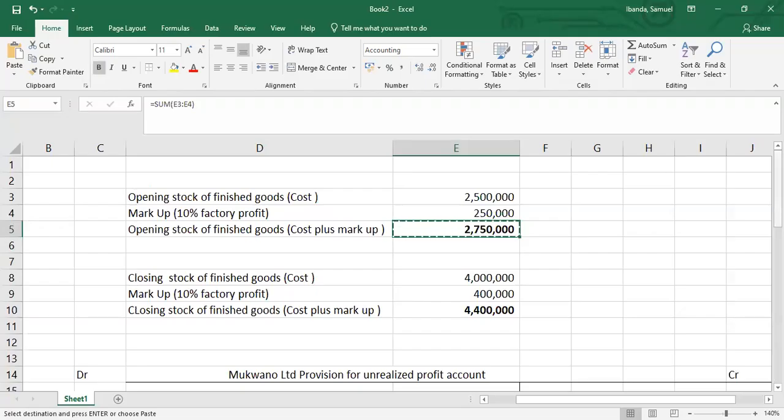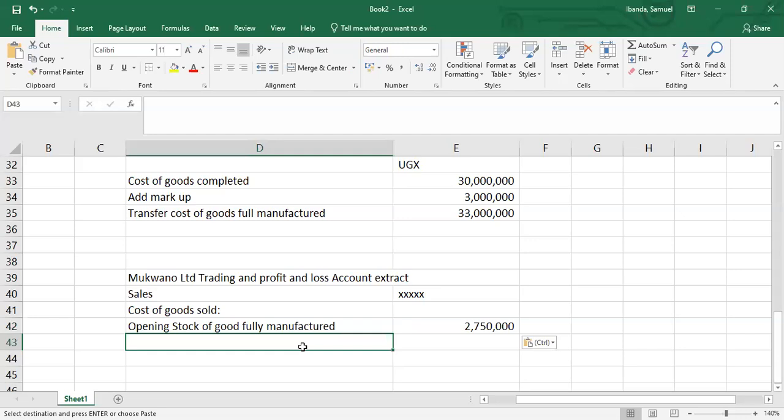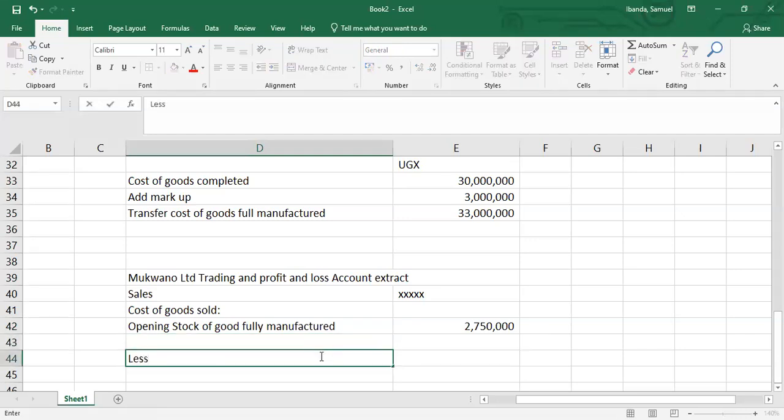So I'll still take the 2.5 down there. I'll take the 2.75 here, okay? And then what we are also going to do is less, but before lessing, we are going to add.